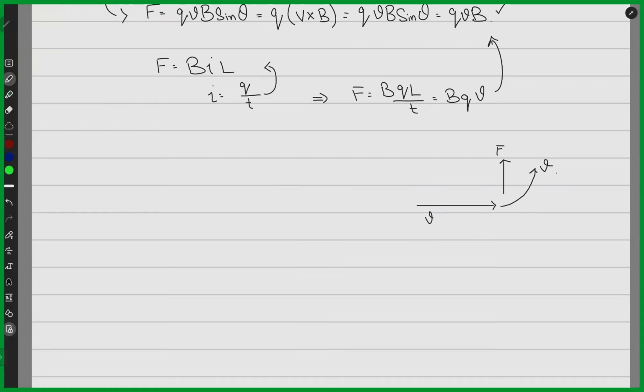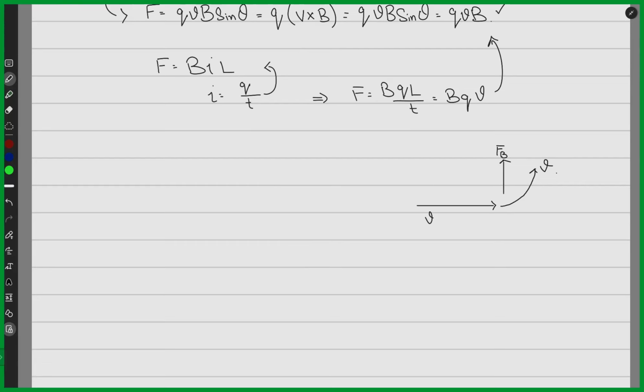What does that mean? This force that is perpendicular to the direction of motion is the magnetic force, so we'll call it FB. Why did the charged particle move in a circle? It moved because there was a magnetic force acting on the particle.